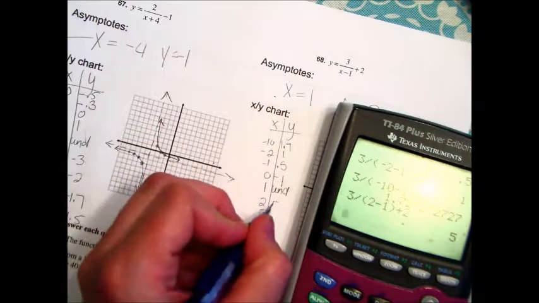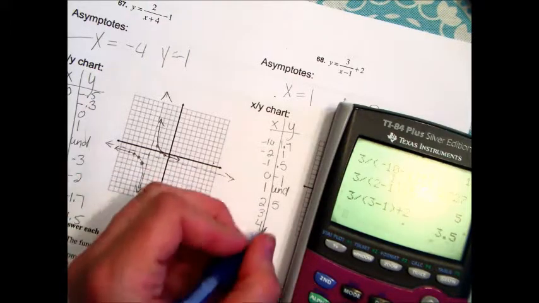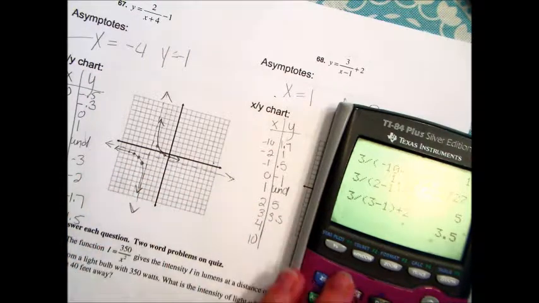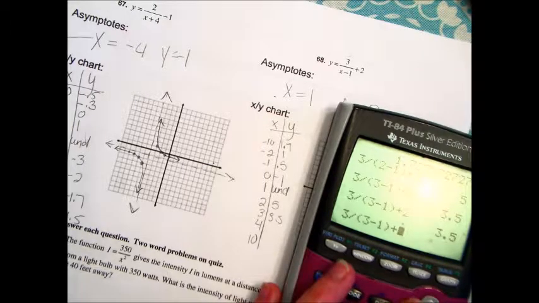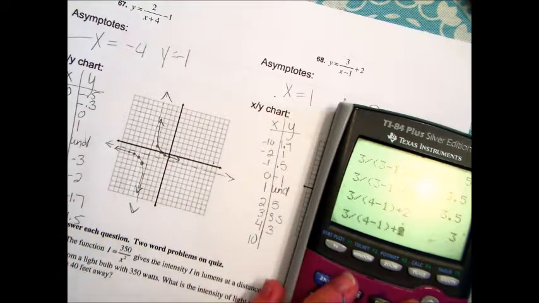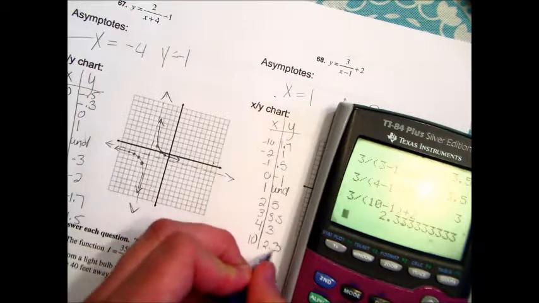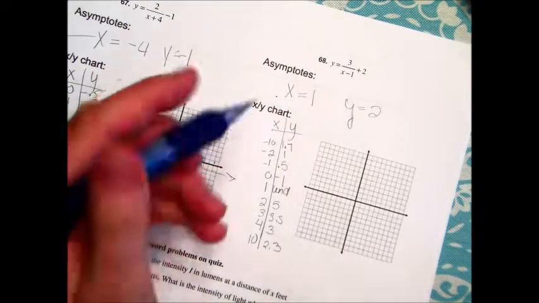So 2 gives me 5. 3 gives me 3.5. 4 gives me 3. And now for that kind of outrageous one, just so I can see what happens, 10 gives me 2.3. Let's graph those.